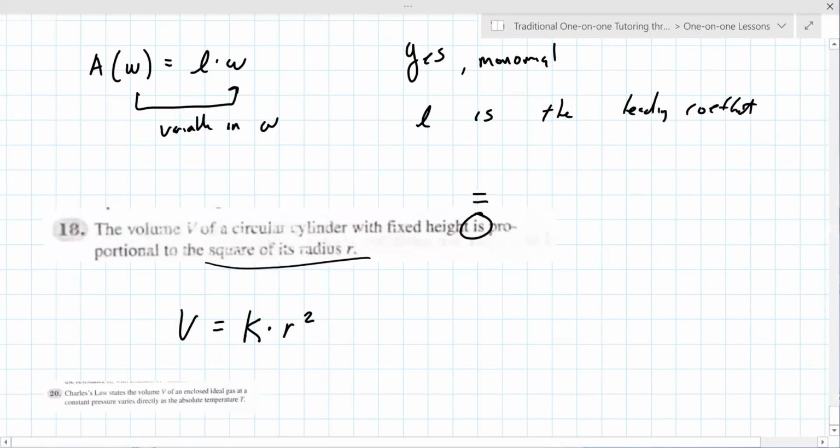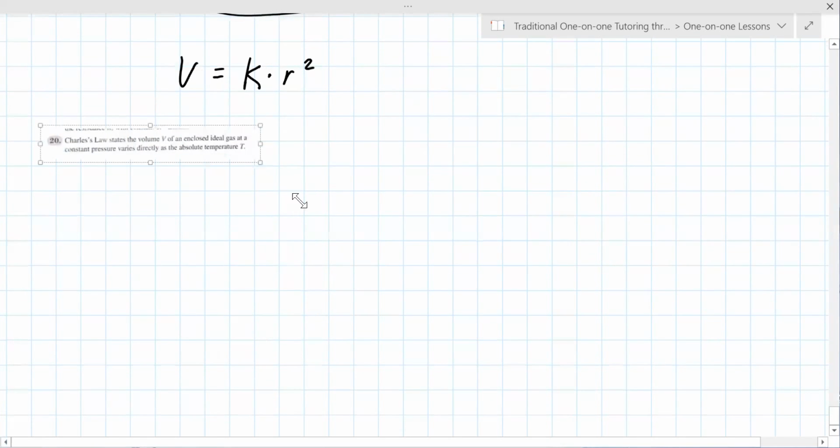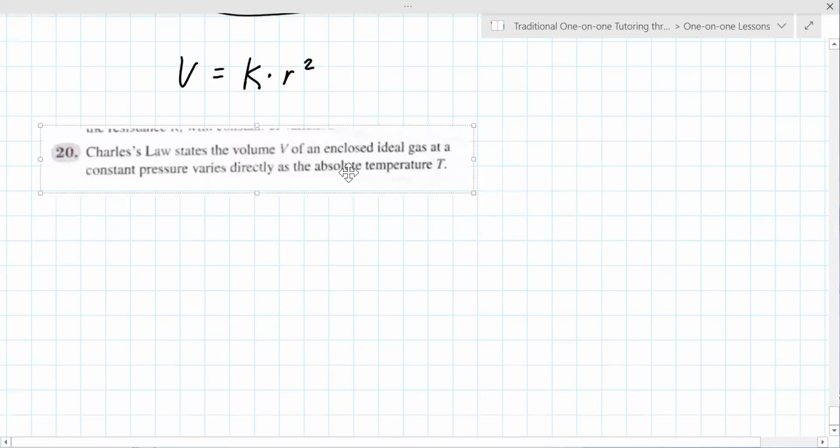That's all we have to do. There's actually a more interesting, important thing here, but they're not doing that. They're just giving you stuff here.